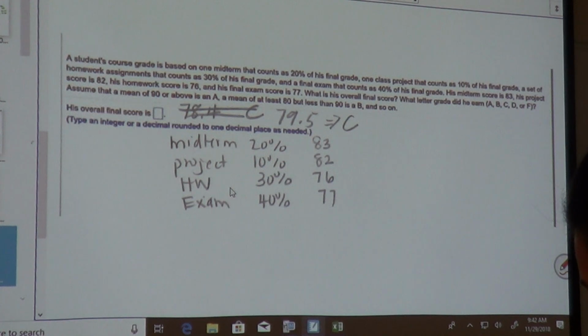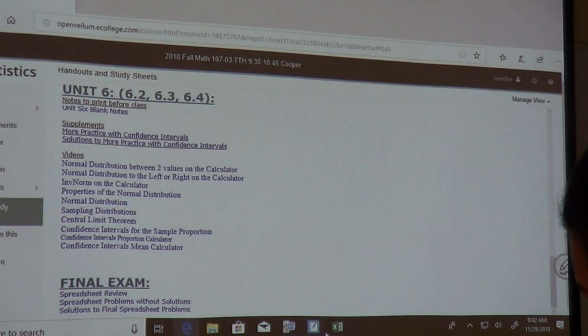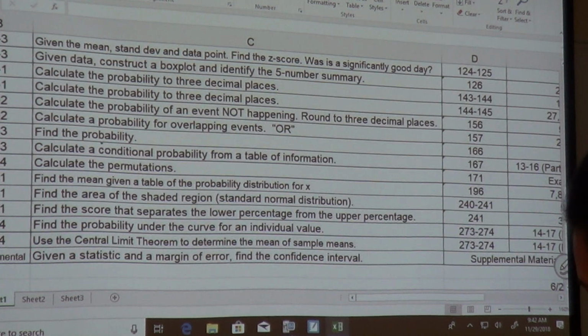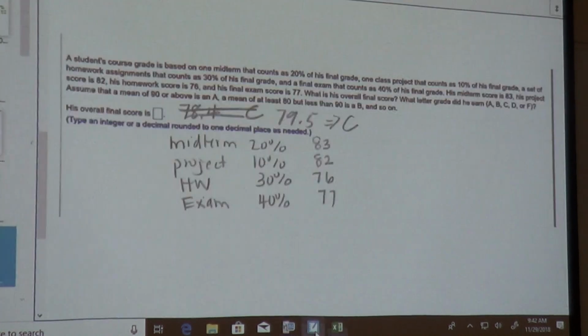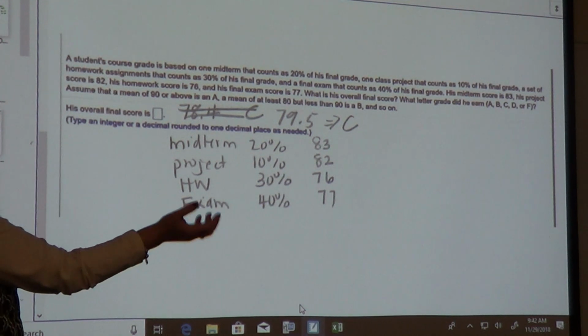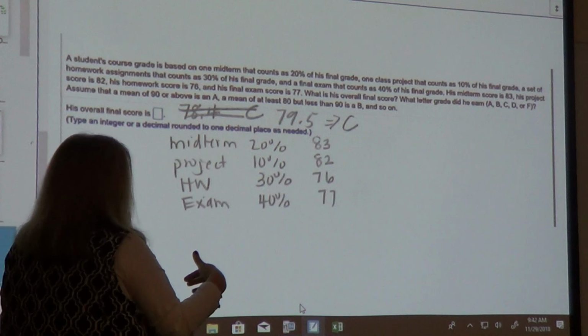Now, this one talks about, and in your spreadsheet, this one is called the weighted mean. This is like what I was doing at the beginning of class, saying everything in this class counts 80%, your exam counts 20%.